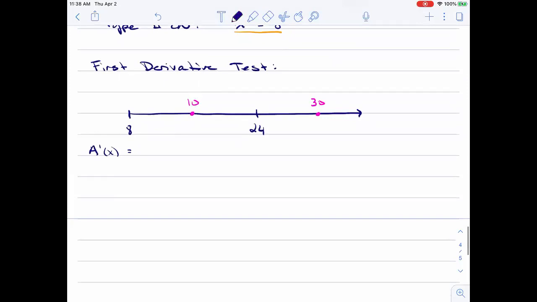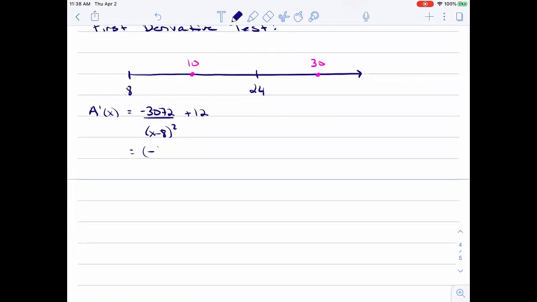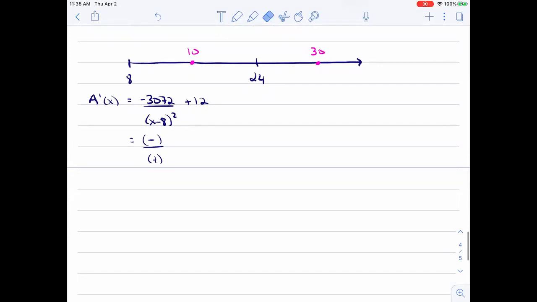So the derivative A prime of x is negative 3072 over (x minus 8) squared, plus 12. Here I get a negative number over 10 minus 8, a positive number squared, which is still going to be positive regardless, plus 12.